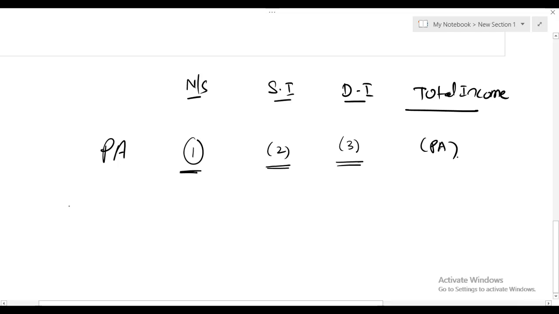But HMRC does allow you to change the sequence if it is beneficial for that particular individual. By changing the personal allowance allocation, if you can save tax, go ahead.